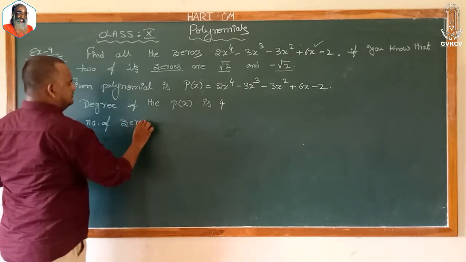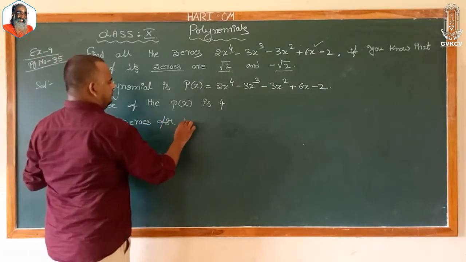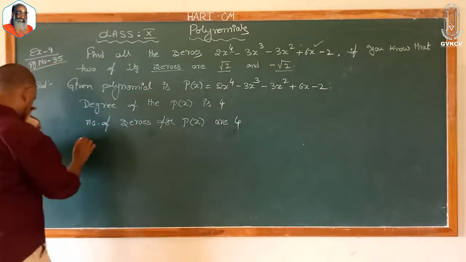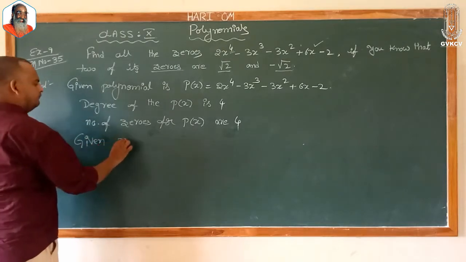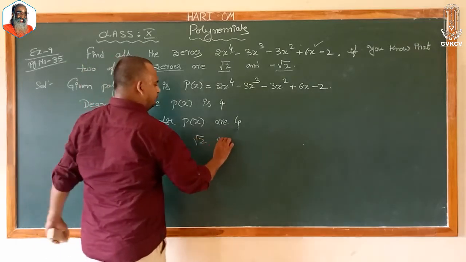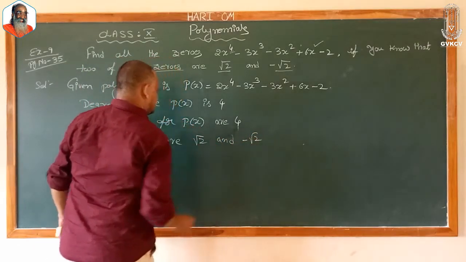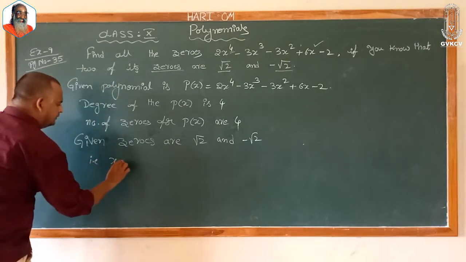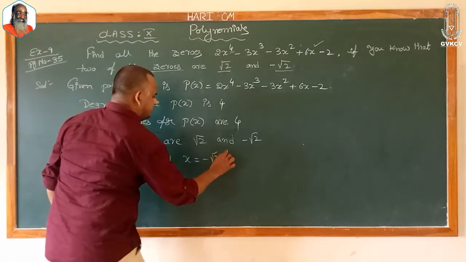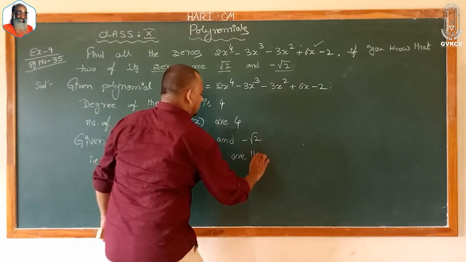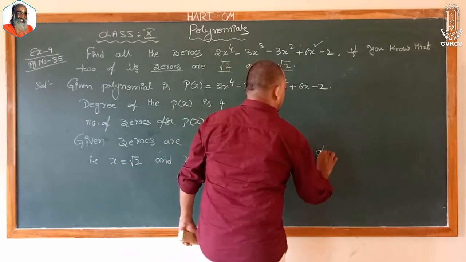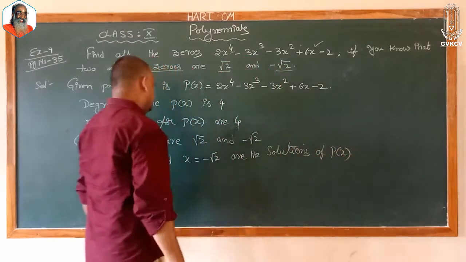Number of zeros for p of x are 4. Given zeros are root 2 and minus root 2, that is x is equal to root 2 and x is equal to minus root 2 are the solutions of p of x.